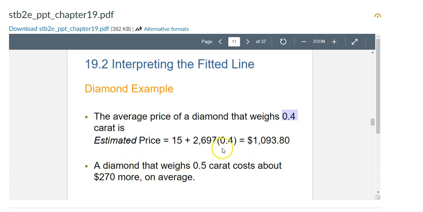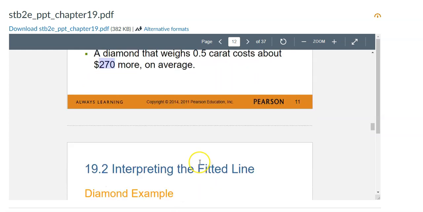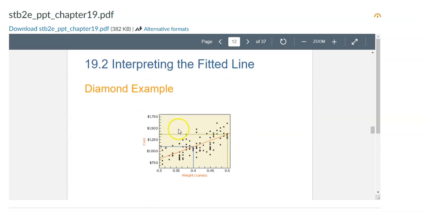For 0.5, you just substitute 0.5, and you get a number about 270 higher than 1,093. So the difference between 0.4 carats and 0.5 carats is approximately $270. I calculated it myself and it was 269 something, so we rounded up to 270.